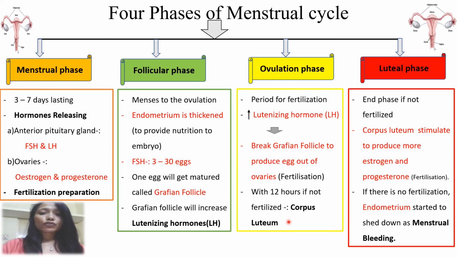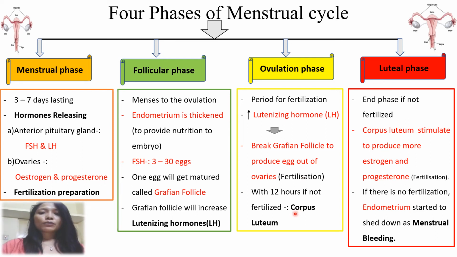So this thing you should not miss out in the ovulation phase. The end product: luteinizing hormone increases in the ovulation phase, and because of that the Graafian follicle or the mature egg breaks down, and then if there is no fertilization for a further 12 hours, the corpus luteum is released. And now the luteal phase, which is the last phase.